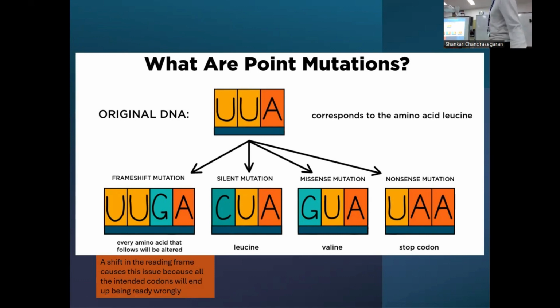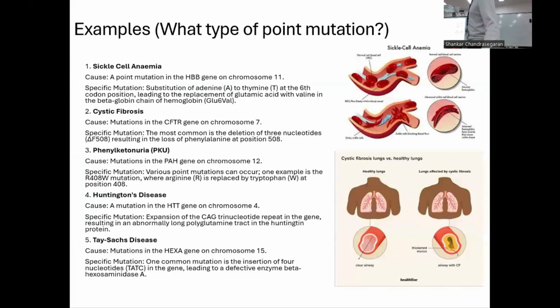So a shift in the reading frame causes the issue because all the intended codons will end up being read wrongly. Basically, anything beyond that frameshift mutation will all be read wrongly because there's a change in the reading frames of the codons.